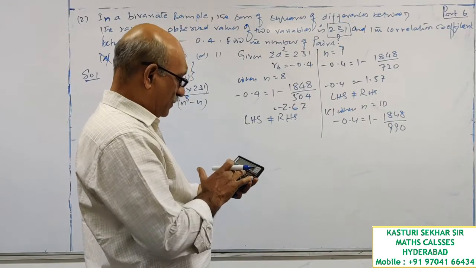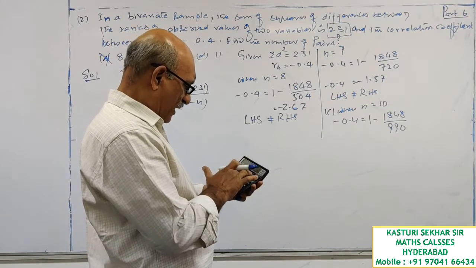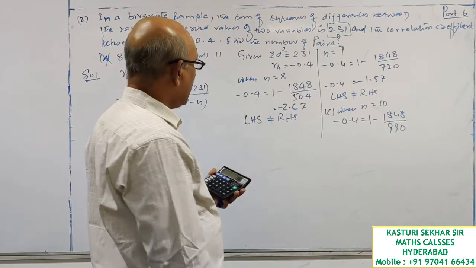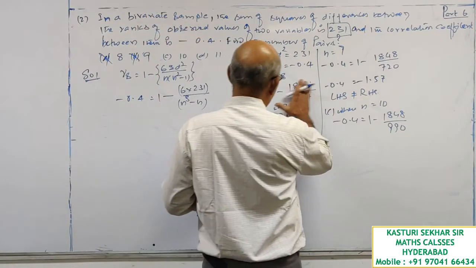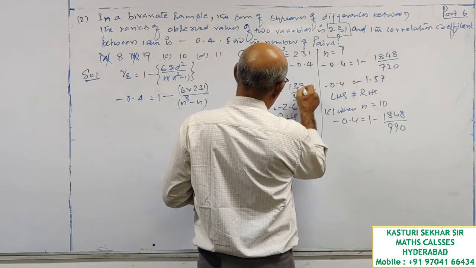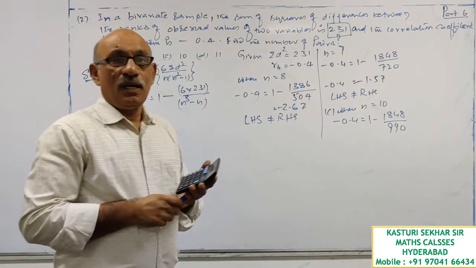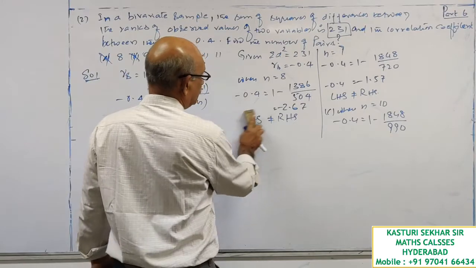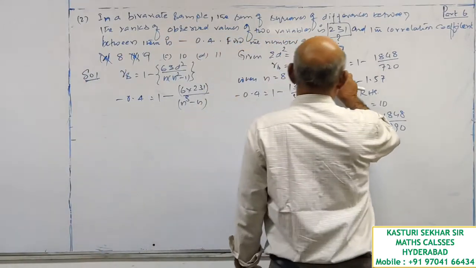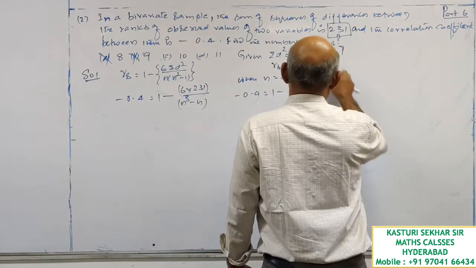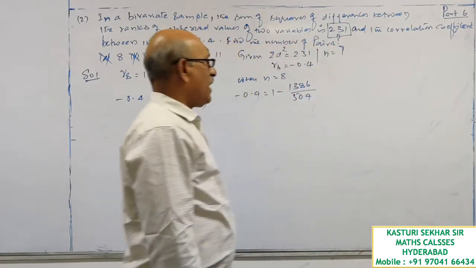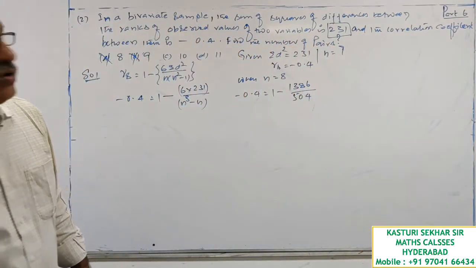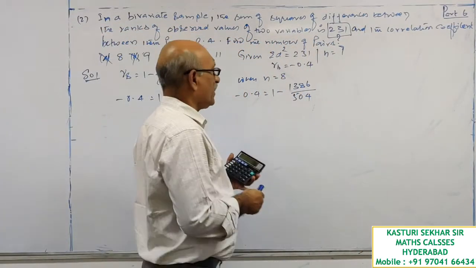Sorry, 231 into 6 is 1386. The value 1848 was wrongly taken by me. Let me do the calculations again, sir. I'll check this once again.